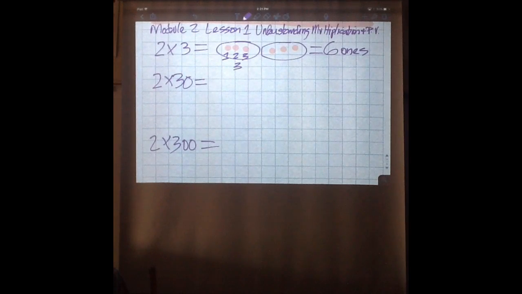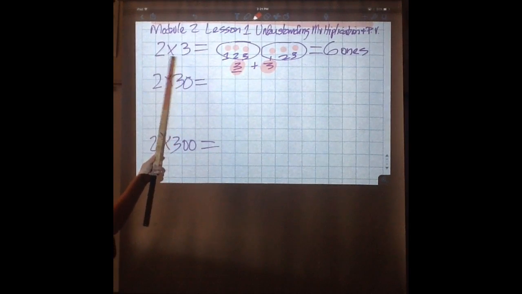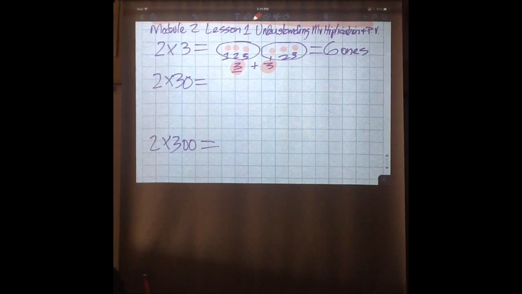So we have 3 here. And we have 1, 2, 3. We have 3 here. Now if you notice, we have 2 threes. So we could write that as 2 threes equal 6 ones. Does that make sense so far?